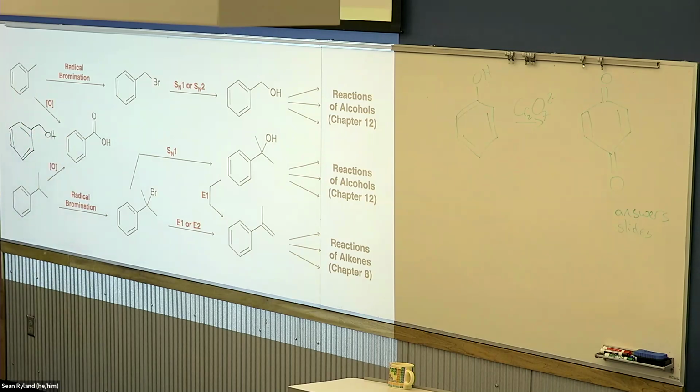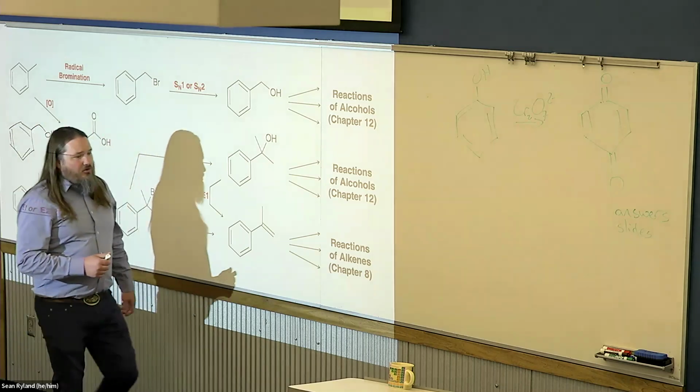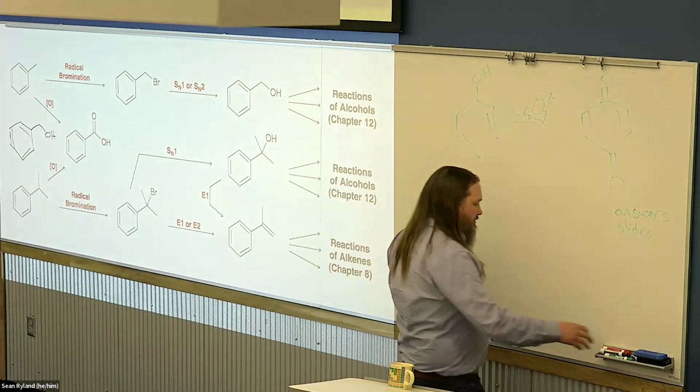That molecule is benzyl alcohol, because the IUPAC name would be phenylmethanol, which is not that hard to wrap your head around, but it doesn't really capture that this is the largest part of the molecule. So you will see both of those names from time to time.